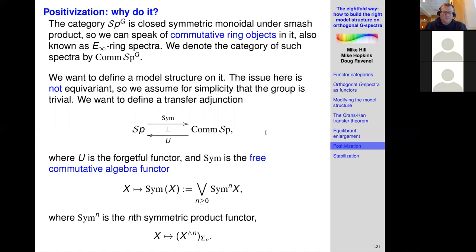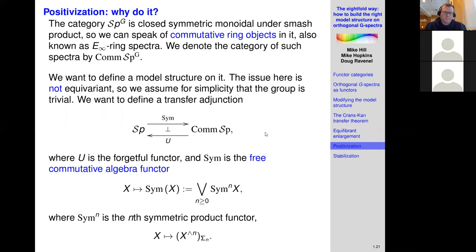So you take a spectrum X, you smash it with itself n times, you let the symmetric group act on it by permuting the factors, and then take the orbit spectrum. And that is the symmetric product functor. I can take an arbitrary spectrum X and look at the wedge of all of its nth symmetric products, and that becomes a commutative ring spectrum in a straightforward way. So that's the way to form the free commutative algebra on a spectrum.